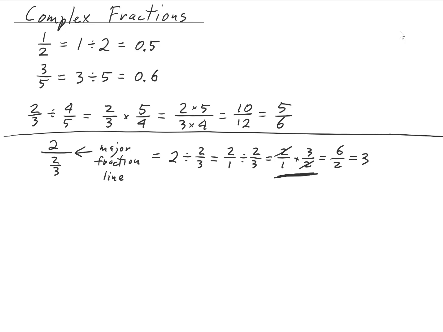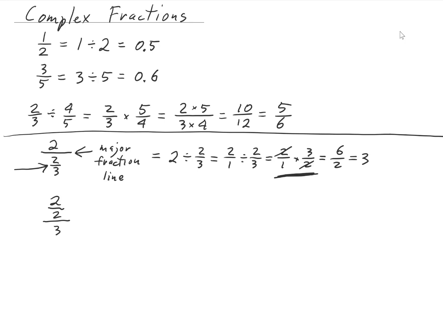Now, why is that major fraction line important? Suppose we made a mistake and thought that that was a major fraction line. Let's take a look at what the problem would look like then. Then it would be 2 over 2 divided by 3.